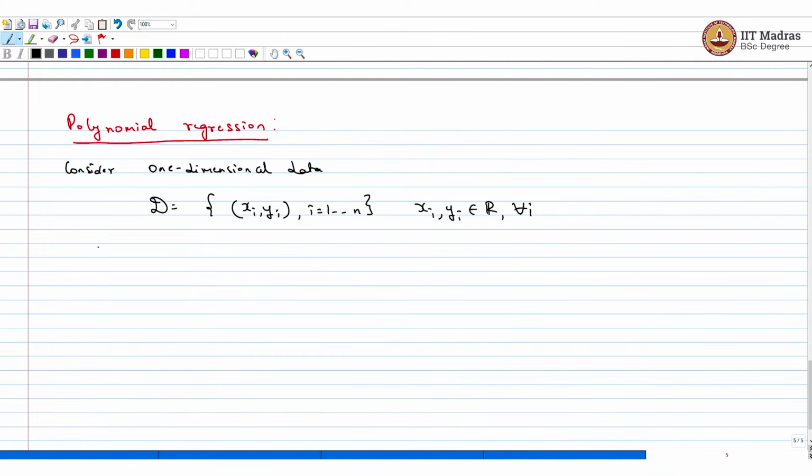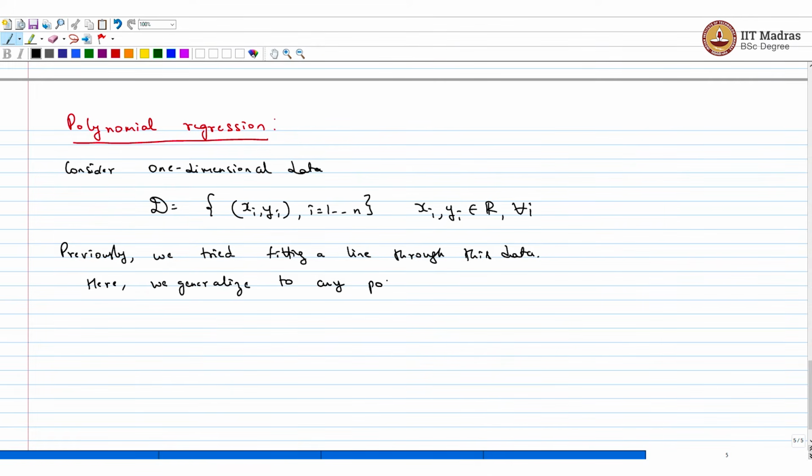Now previously we tried fitting a line through this data. Here we generalize to any polynomial, say of degree m.